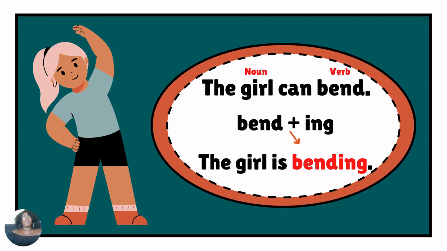Bend describes what the girl can do. Bend plus ing becomes bending. Notice the arrow and the red word. The girl is bending. Bending is a physical movement, so it is an action verb.